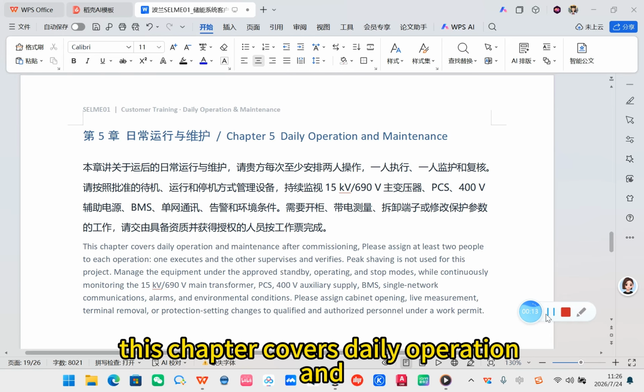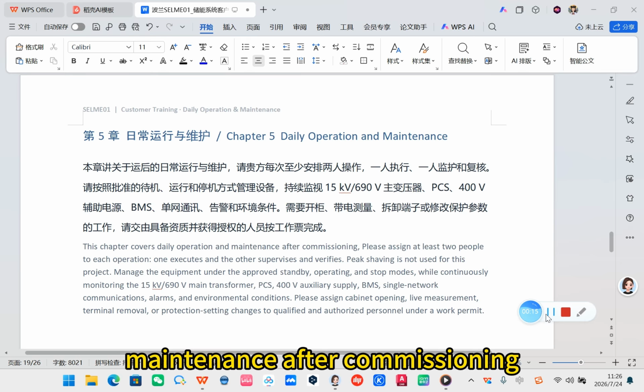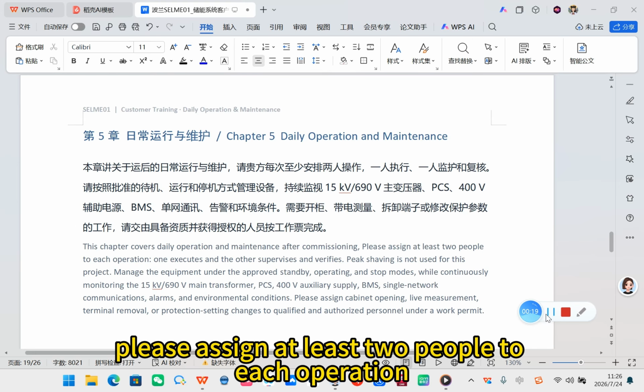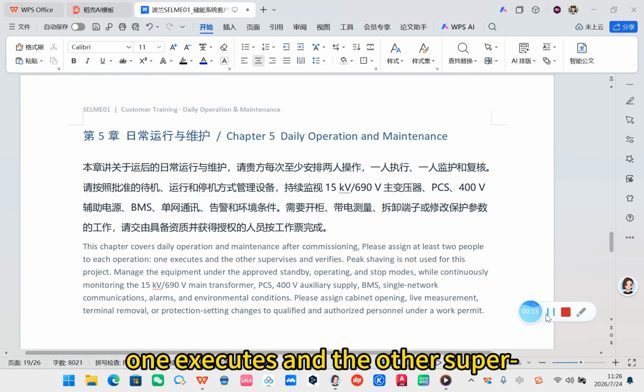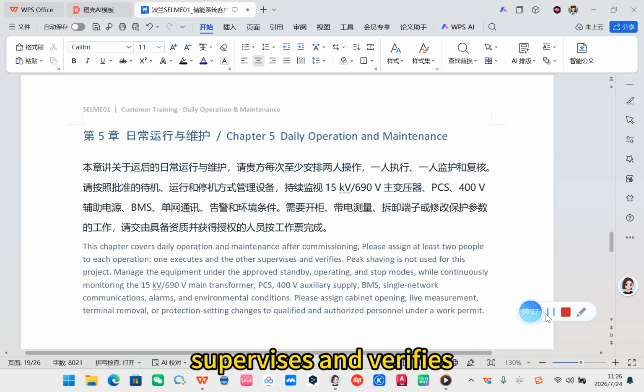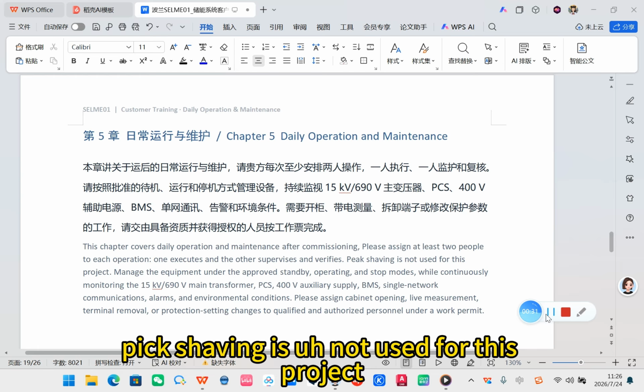5. Daily operation and maintenance. This chapter covers daily operation and maintenance after commissioning. Please assign at least two people to each operation: one executes and the other supervises and verifies. Peak shaving is not used for this project.